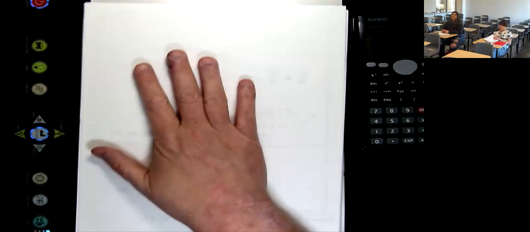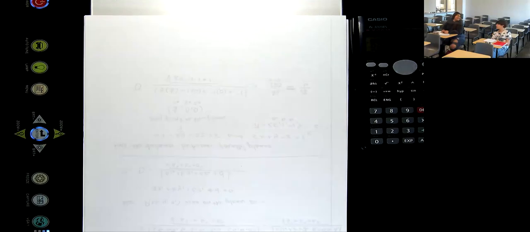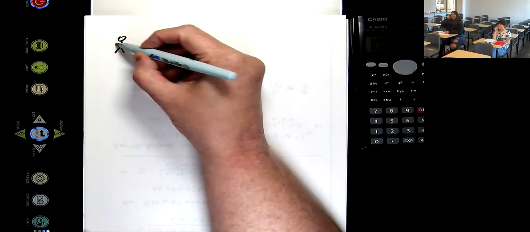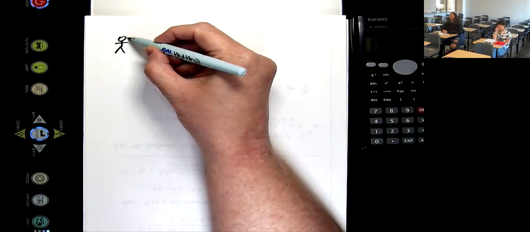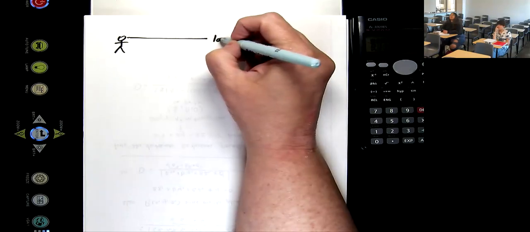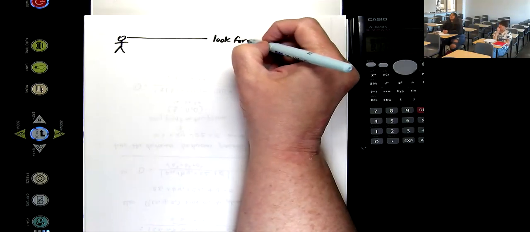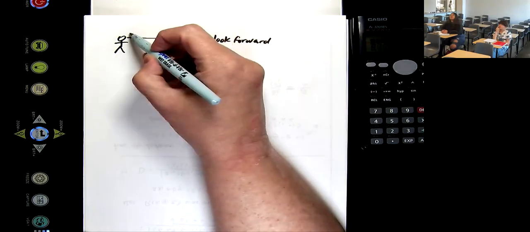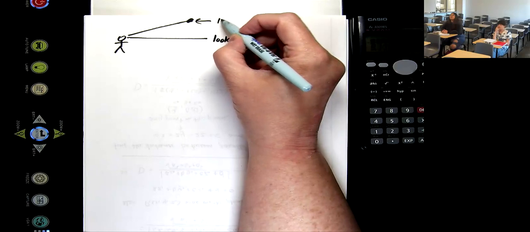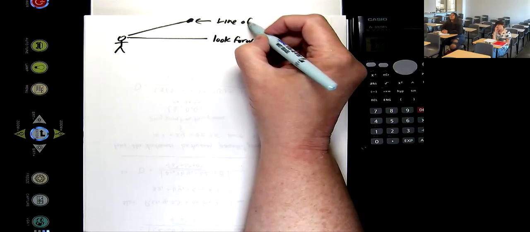So we covered different ways to do triangles and find the missing parts. If you are standing here, and this is the flat ground, looking forward, and you're looking at something up here, this is your line of sight to the target.